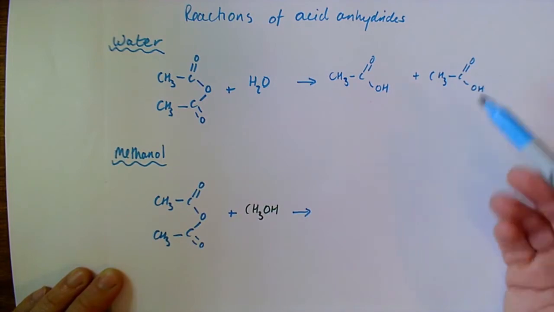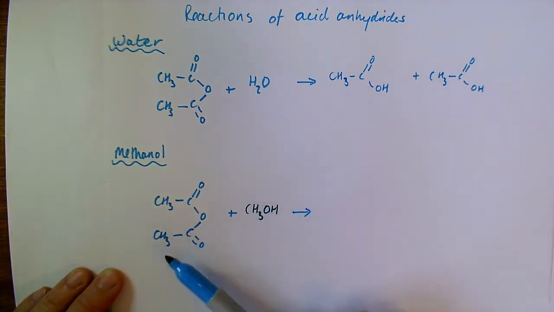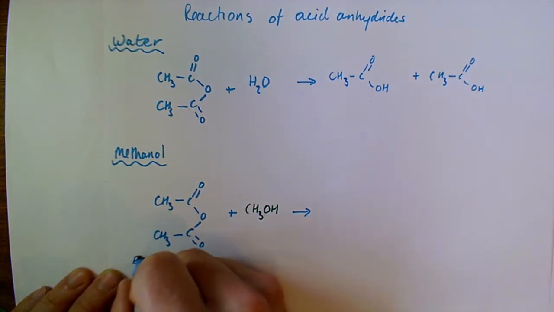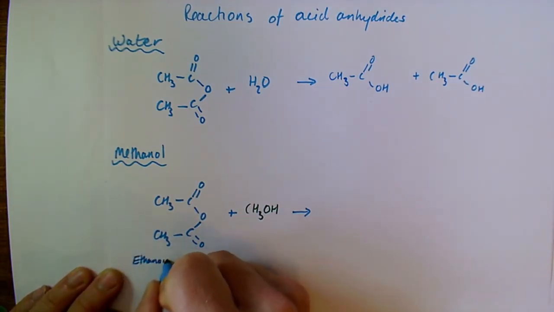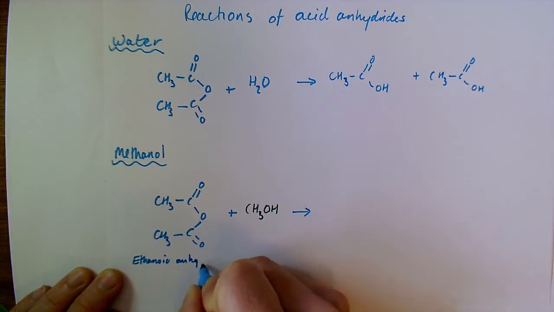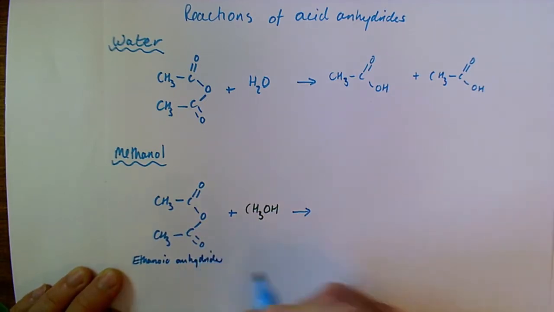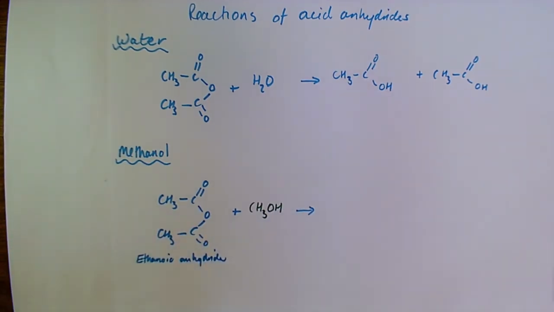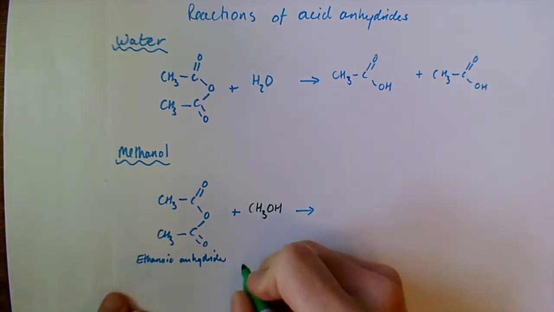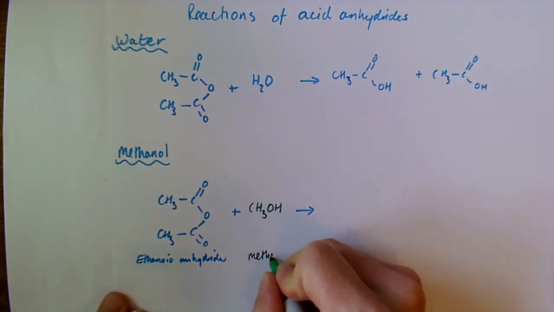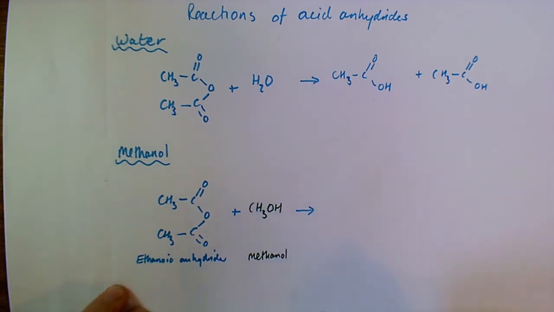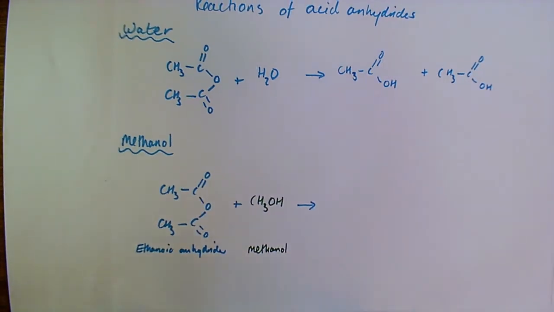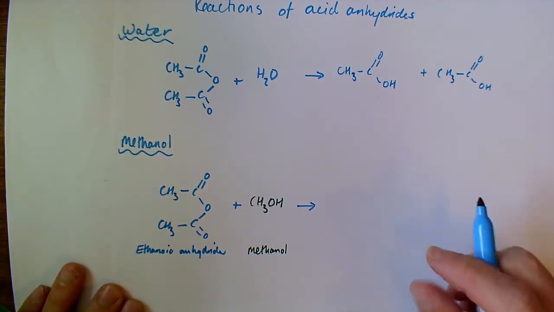Right, more useful one now. So I've got my ethanoic anhydride again here. So we'll put our names down. So I'm showing it with methanol here. So this could be any alcohol that you want to choose, but I'm just keeping things simple now just to make it a bit easier for me drawing them.